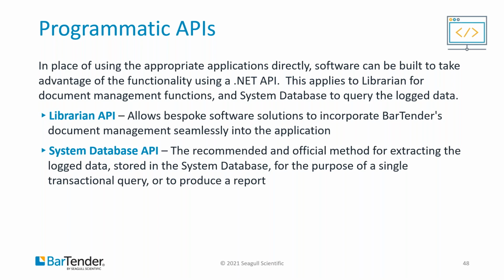So the Librarian API is ideal for bespoke software solutions that wish to incorporate BarTender's document management system seamlessly into the application. So rather than the user performing those document management tasks in Librarian, they can do this instead from within the bespoke software by virtue of the Librarian API.